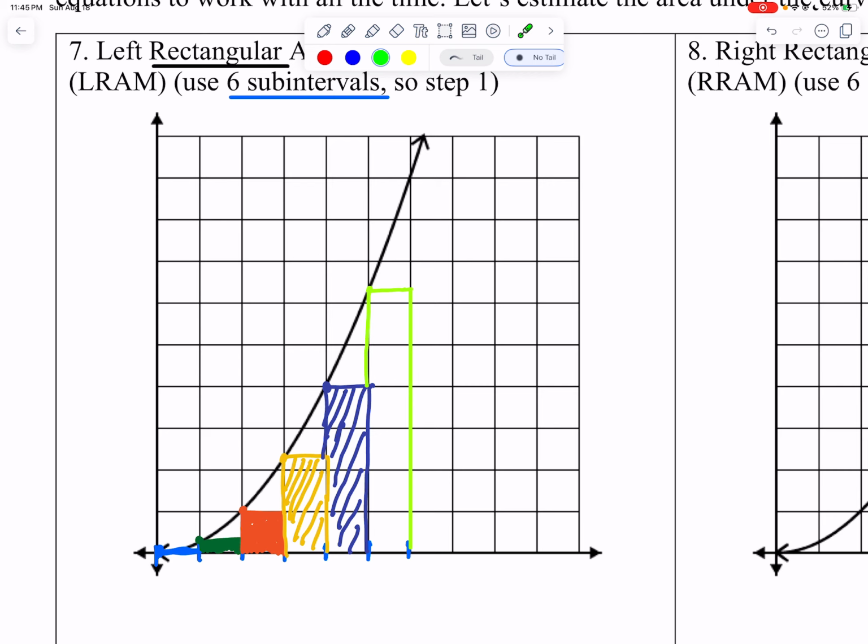So what we're going to do now is just look at the area by counting my squares. So 1, 2, 3, 4, 5, 6, 7, 8, 9, 10, 11, 12, 13. And then we still have my leftovers here.